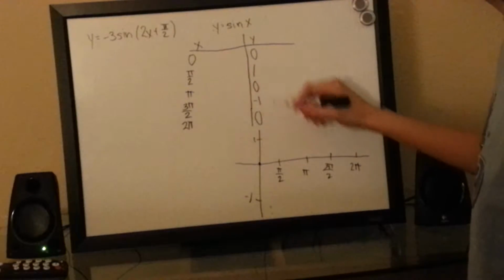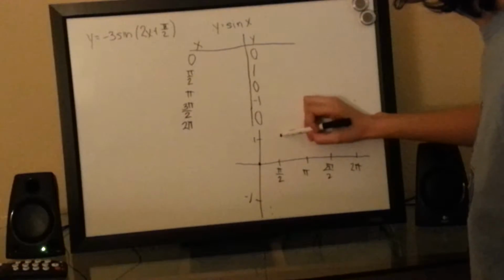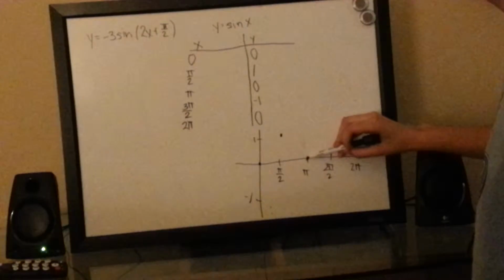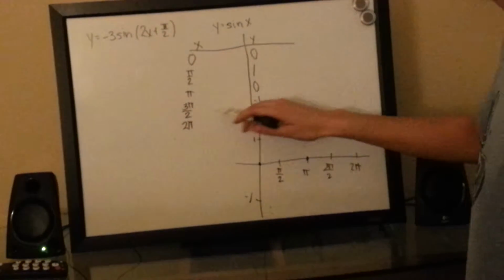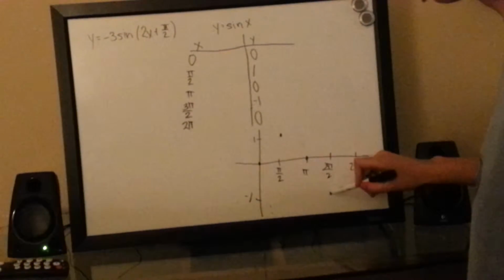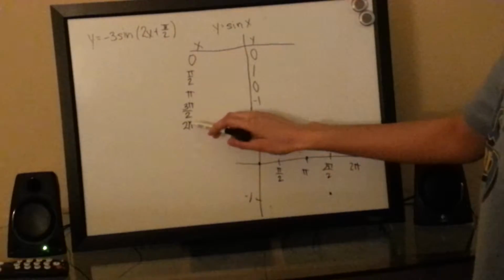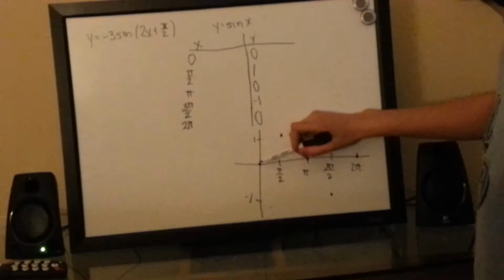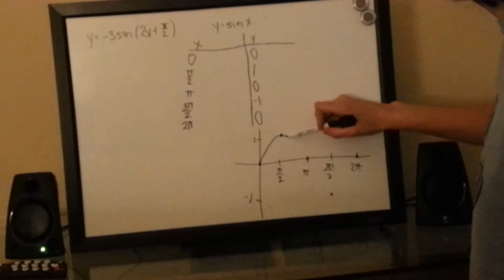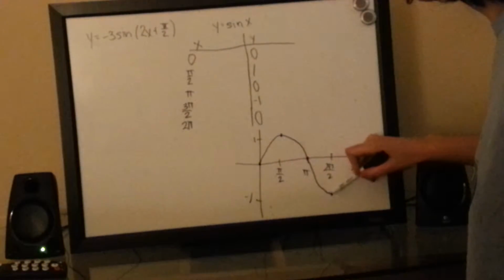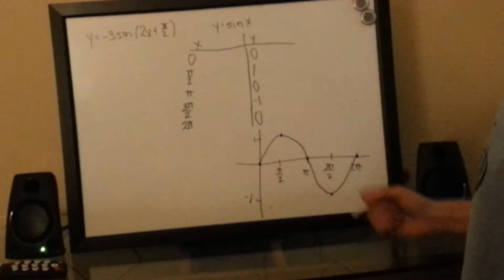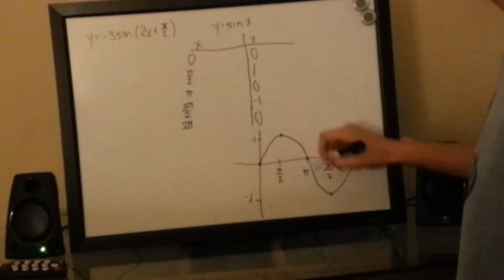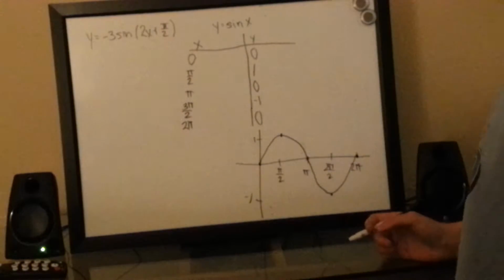Pi over 2 and 1 would be right here. Pi and 0 would be right here. 3 pi over 2 and negative 1 would be right here. And 2 pi and 0 would be right here. Connecting these points, we get a graph that looks like this. And that's what the parent function y equals sine x looks like on our graph.